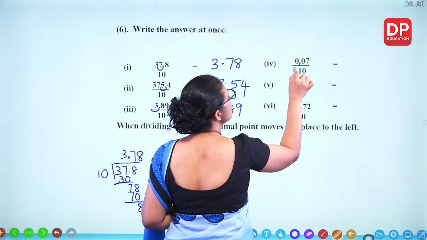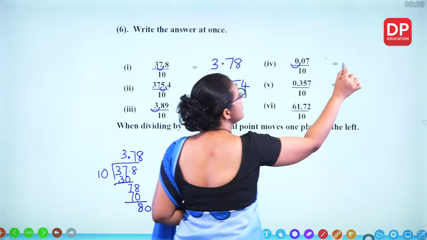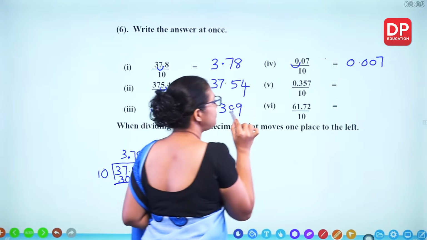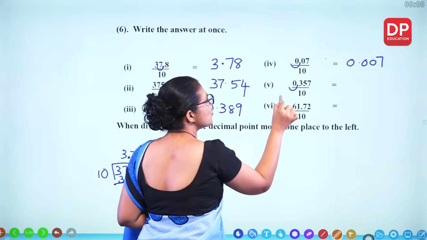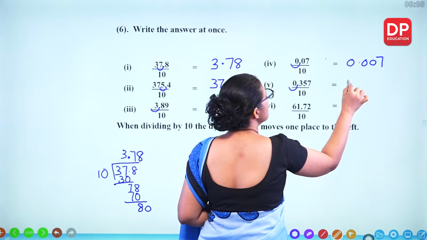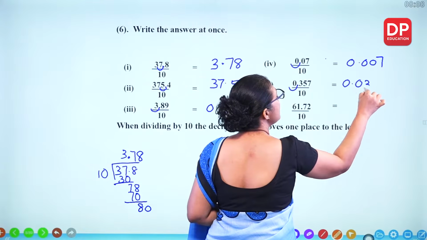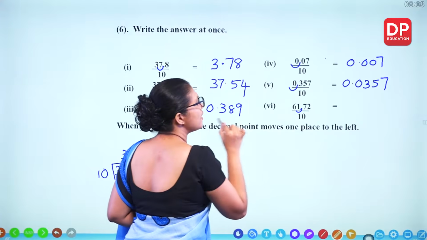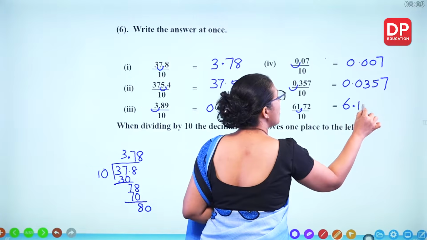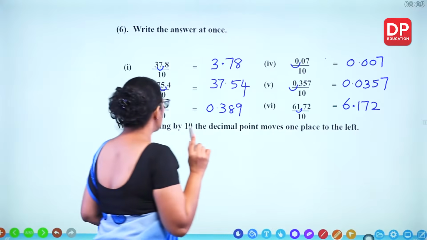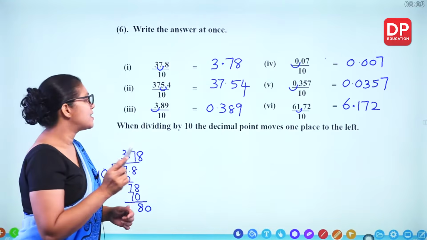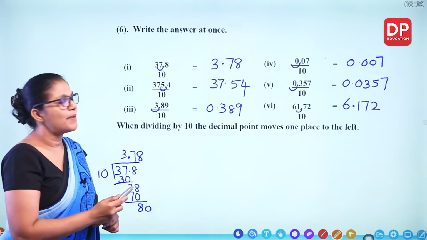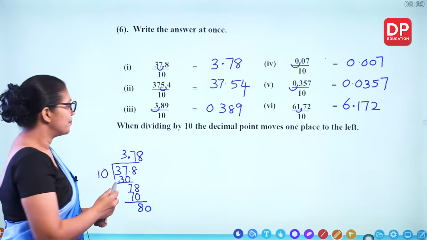Here 1 place to the left. 0.007. 1 place to the left here. 0.0357. Here 1 place to the left. 6.172. So when you are dividing by 10, what happens to the decimal point? Moves 1 place to the left.